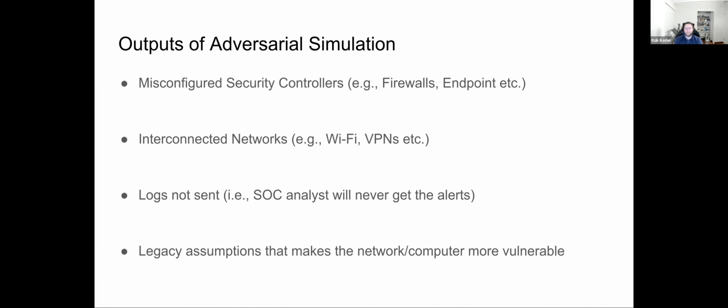Adversarial simulation does not take those things for granted, and does not operate under the assumption that this is the case. They go ahead and try to trigger, as they're doing their bidding, some security controls, and get through them if possible.